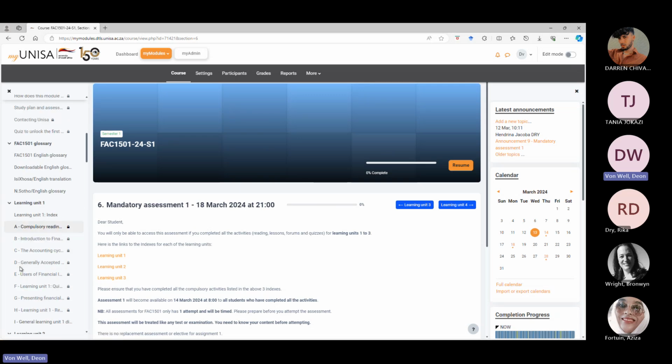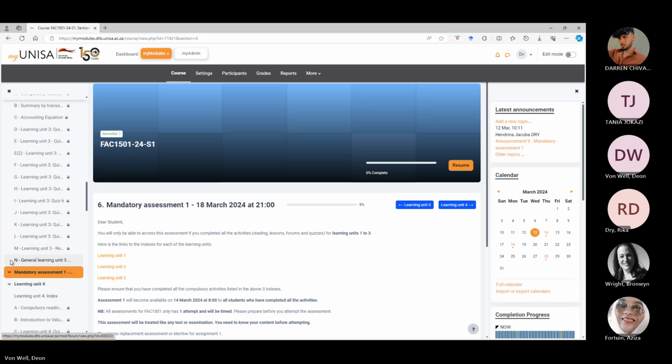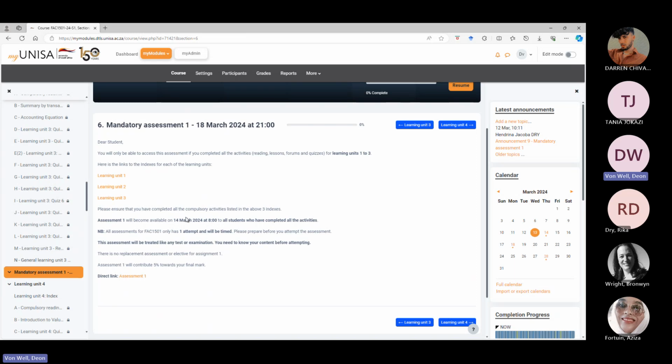You will then do A, the compulsory reading, and then B, C, and continue until you have done the last activity for learning unit 3. Then your assessment 1 will be available to you on the 14th at 8 o'clock, and it will close on the 18th.